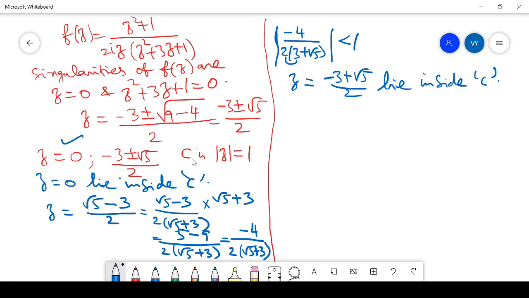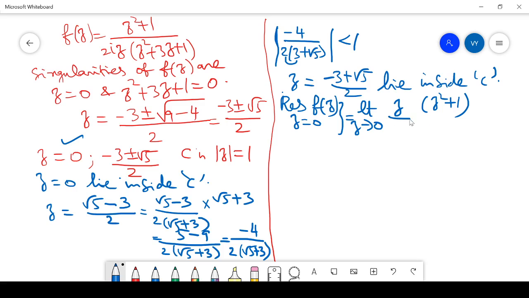I am going to use the Cauchy residue theorem, and what I am going to do is find the residue of f of z. So in this case, what will be the residue of f of z at z equal to 0? This will be limit z tending to 0, z into z squared plus 1 by 2iz.